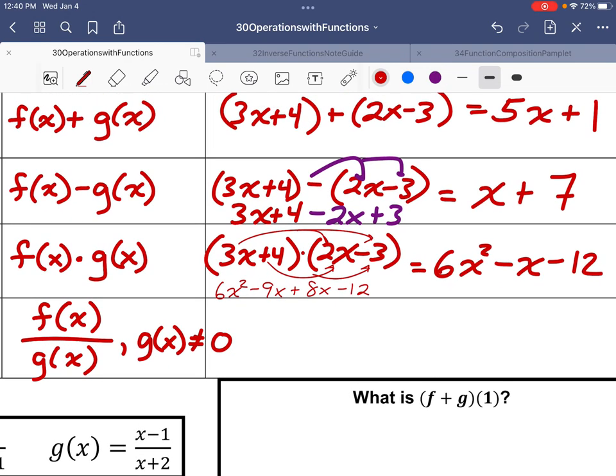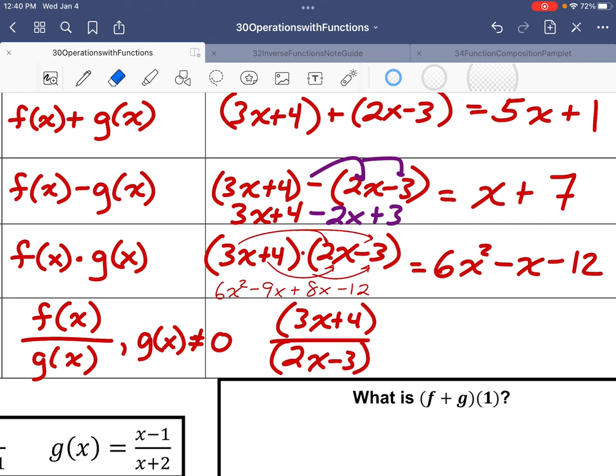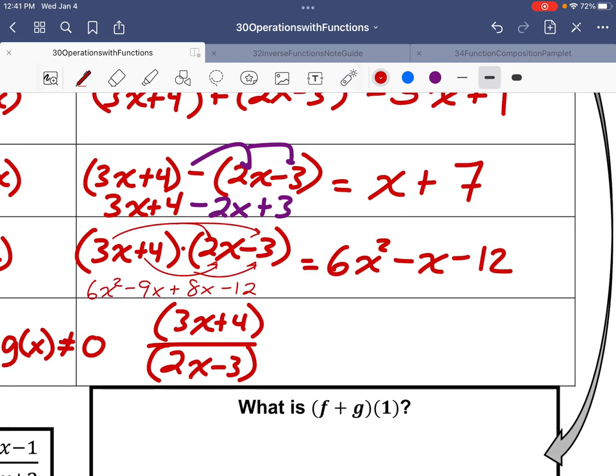What does that mean for our specific problem? Well, once again, take your f, your 3x plus 4, make a fraction now, so put your 2x minus 3, your g, put that in the bottom, and then, oh yeah, you're not allowed to have the bottom equal 0. Now, what do I mean you're not allowed to have the bottom equal 0? Well, that means that 2x minus 3 can't equal 0.